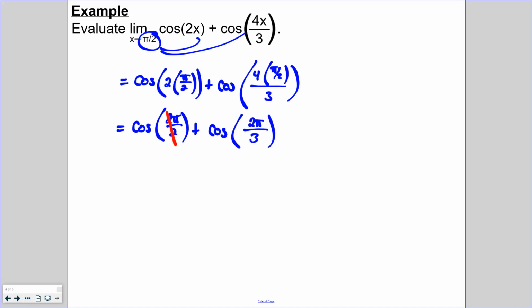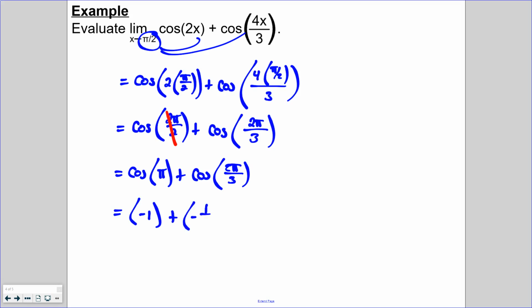Then we can see the 2's inside the first cosine cancel out, leaving us with cosine of pi plus cosine of 2 pi over 3. And if we remember, cosine of pi is negative 1, and cosine of 2 pi over 3 is negative 1/2, giving us a value of negative 3/2 as our solution.